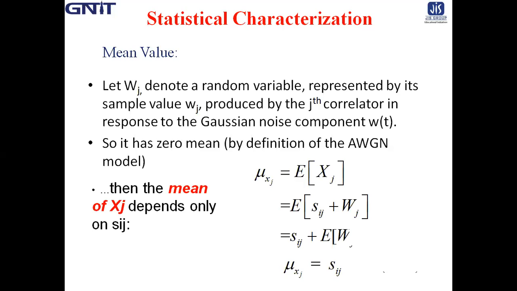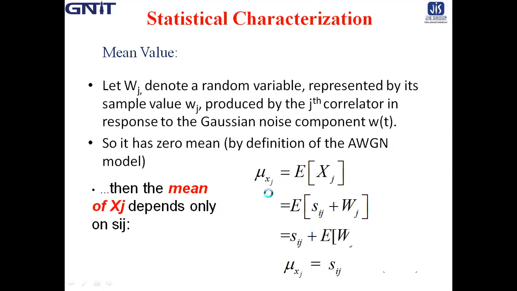The random variable Wj has zero mean because the noise process W(t) in the AWGN model has zero mean, and consequently the mean of Xj depends only on sij, which is shown here.